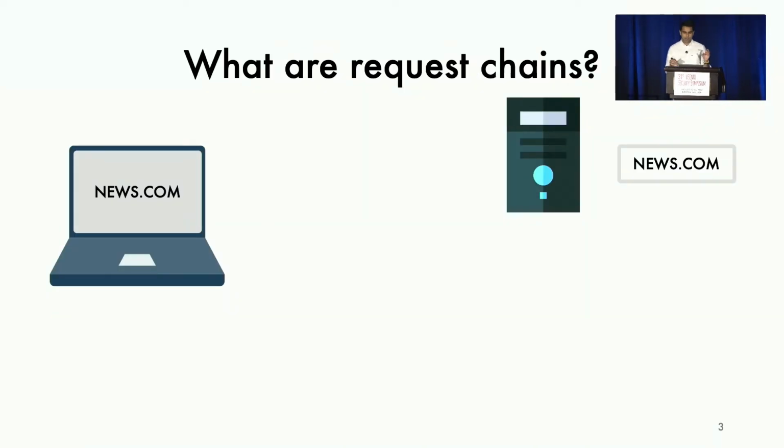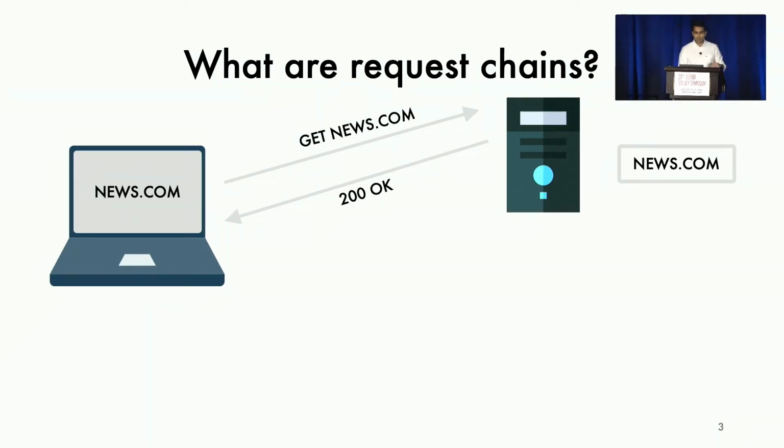Now, before I explain our technique, I want to very briefly explain what we actually mean by request chains. In a typical HTTP request, the browser sends a request to fetch a resource from a server. The server evaluates the request and returns the requested resource if it is available.